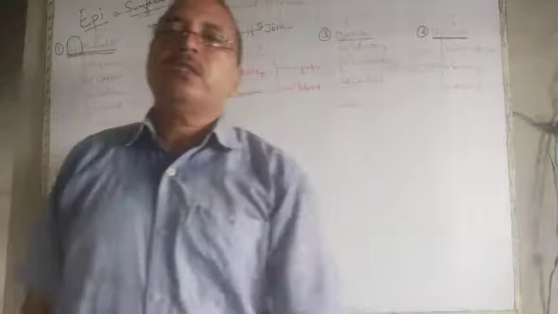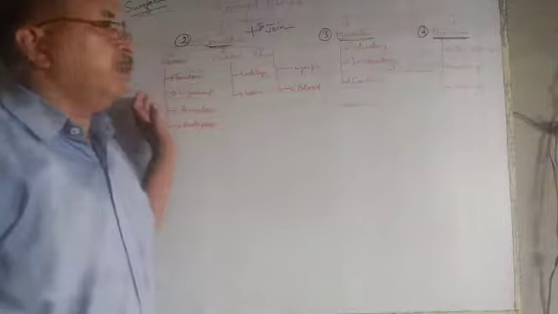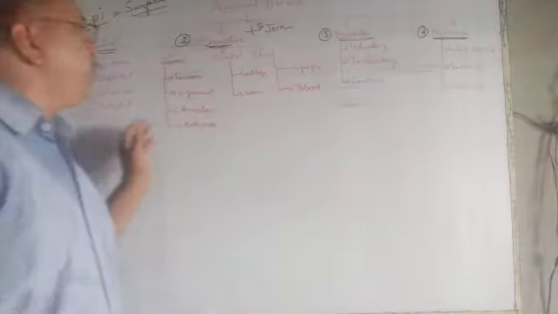Dear students, in the previous video we talked about different kinds of animal tissues. So today we will pick them one by one. First, we are going to read about the epithelial tissue.